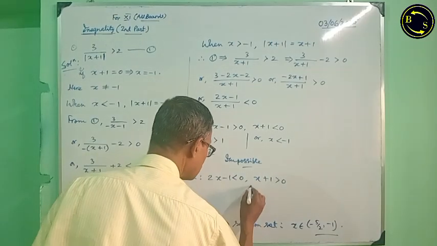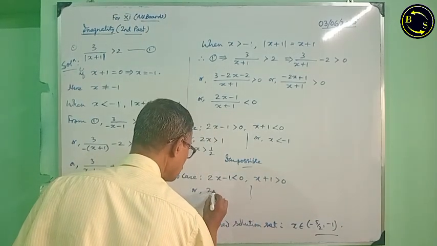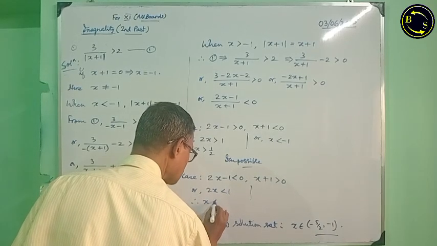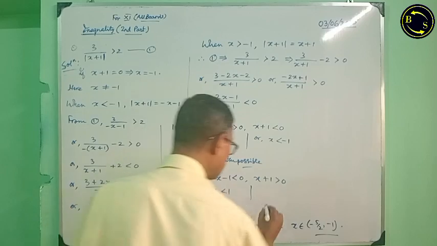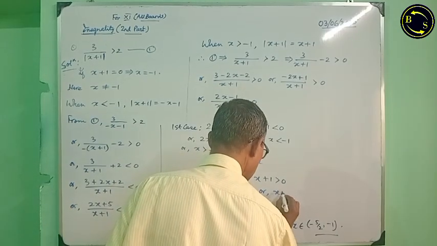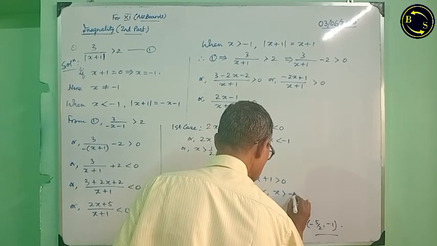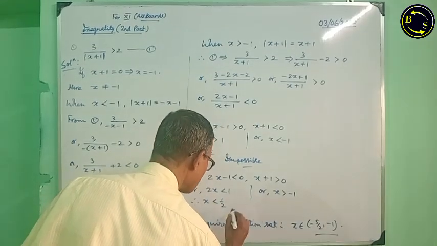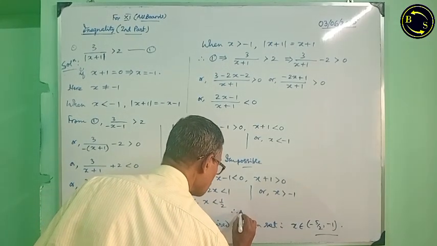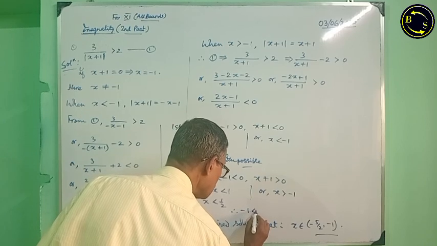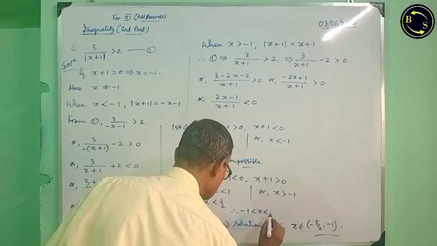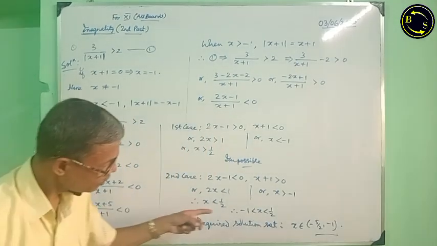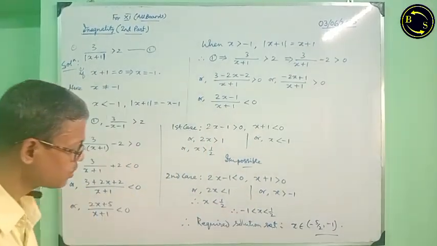And from it, 2x less than 1, therefore x less than half, and from here x greater than minus 1. Now minus 1 less than x less than half. Therefore, this is another solution set.